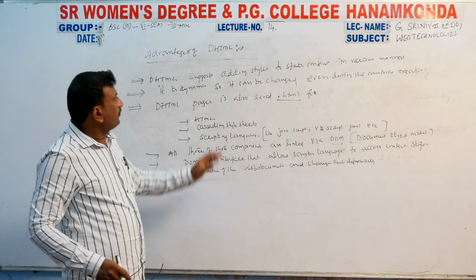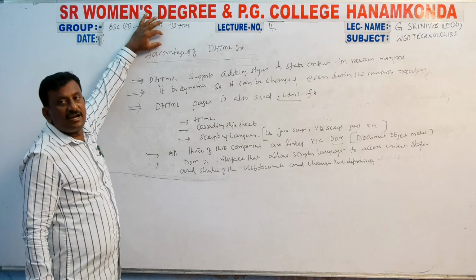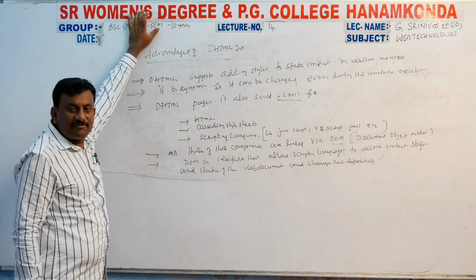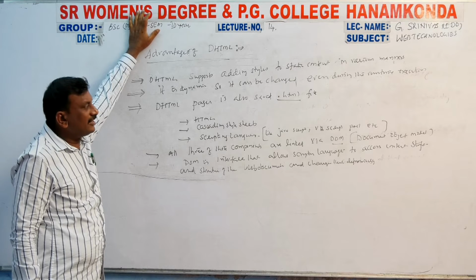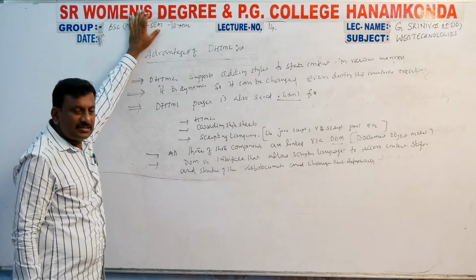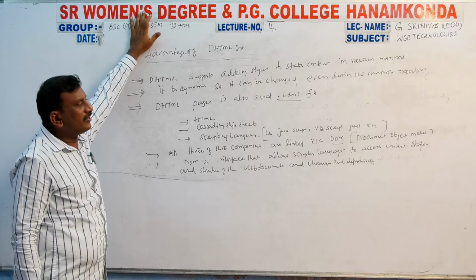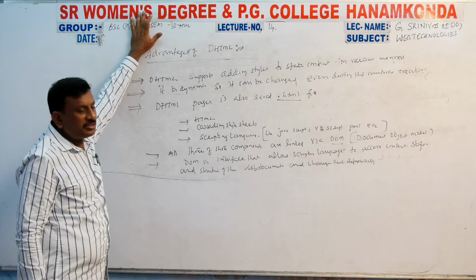These are the main advantages. The advantage of DHTML is it can support static content in various manners. It is dynamic, so it can be changed even during runtime execution.